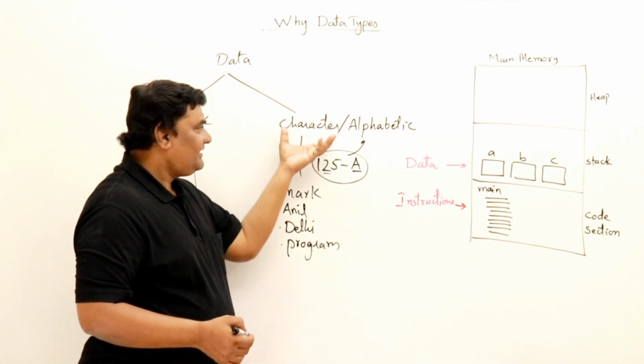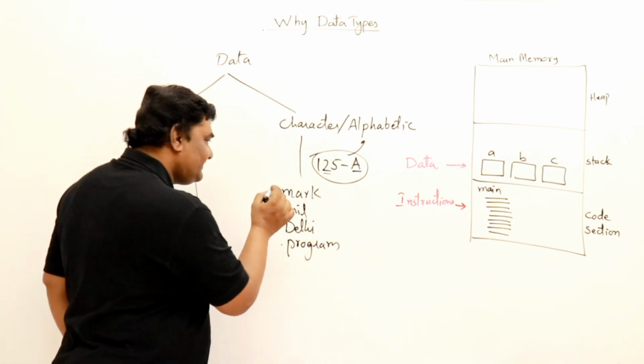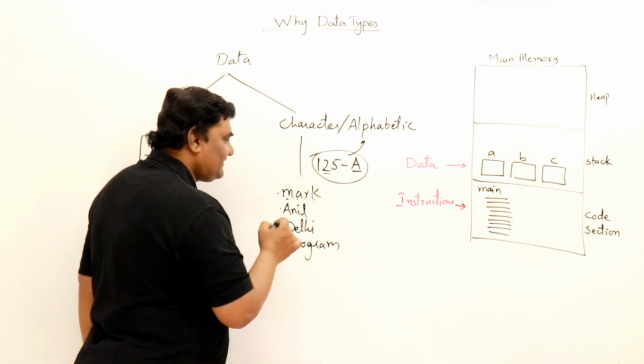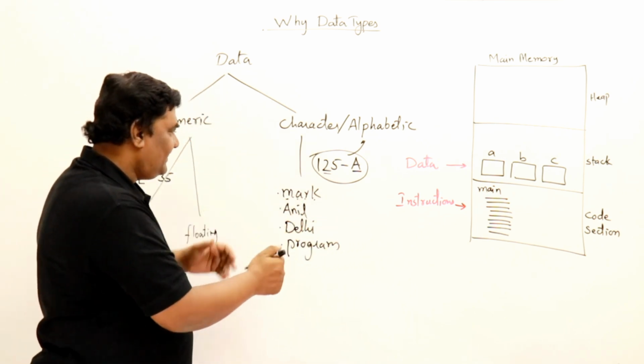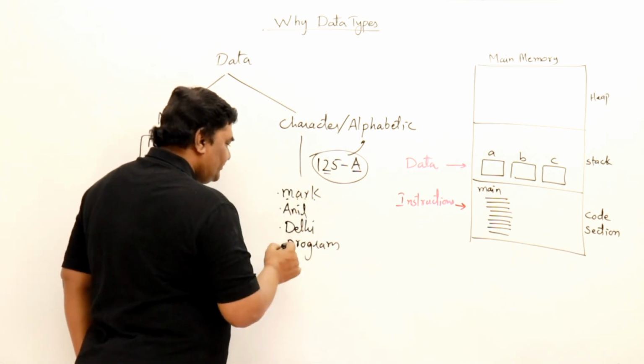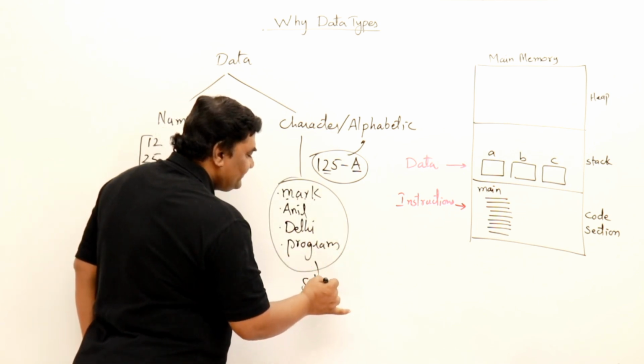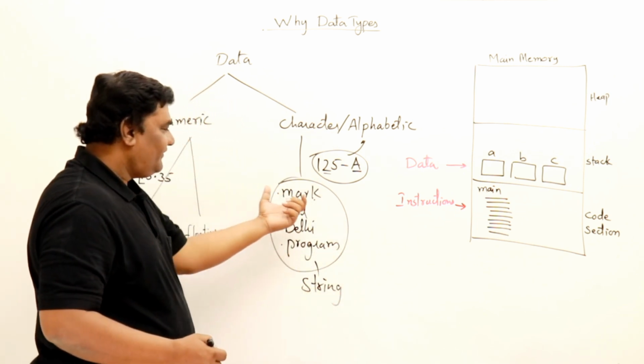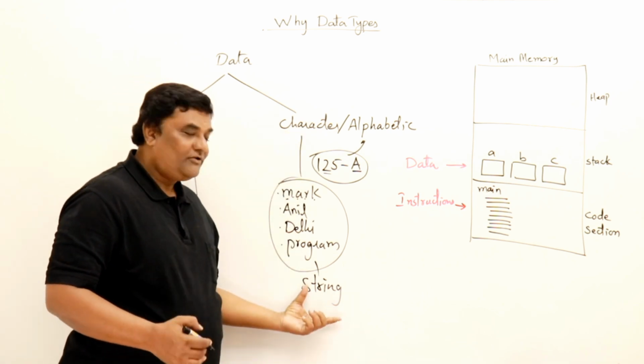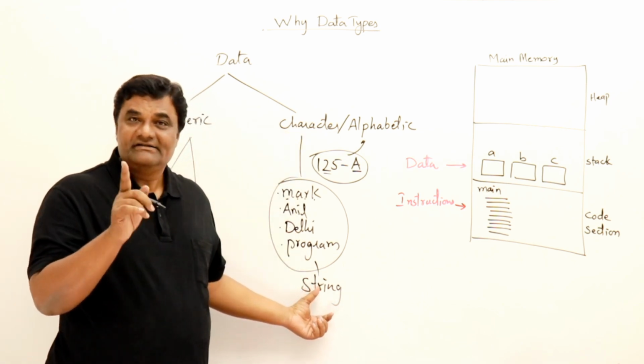These are nothing but characters. Actually, a character is just a single letter, but together they form a string. So we call this a string in our program. A string is nothing but a collection of alphabets or characters that form a single entity.